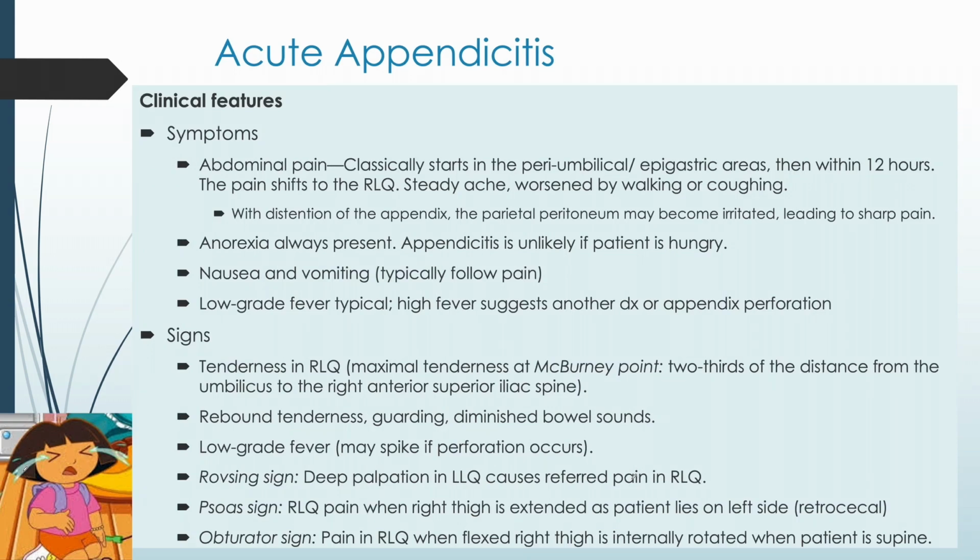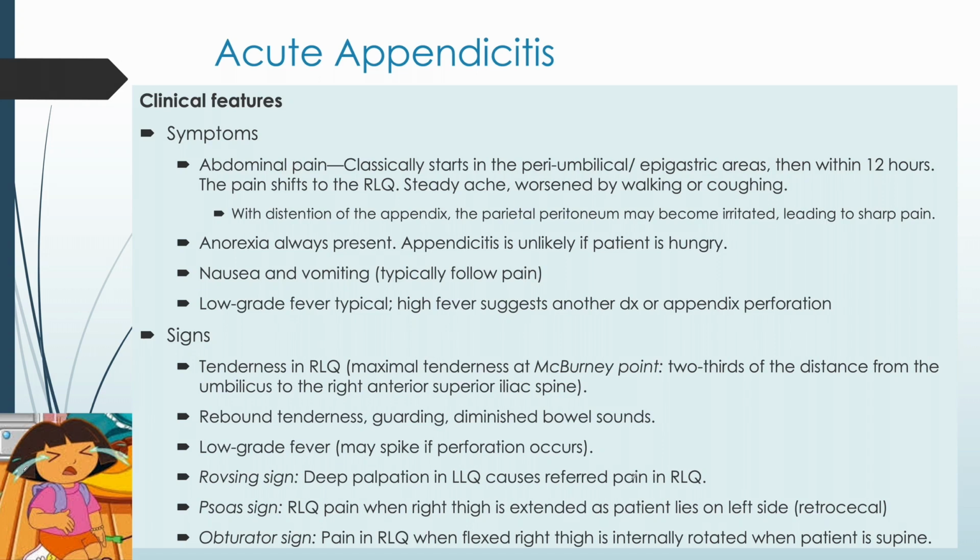Symptoms: abdominal pain, definitely the most classic. Classically, both clinically and textbook wise, the presentation is initial periumbilical or epigastric pain, so more centralized, vague pain, and then within a matter of hours to 24 hours, it migrates from that central area down into the right lower quadrant and then stays there.